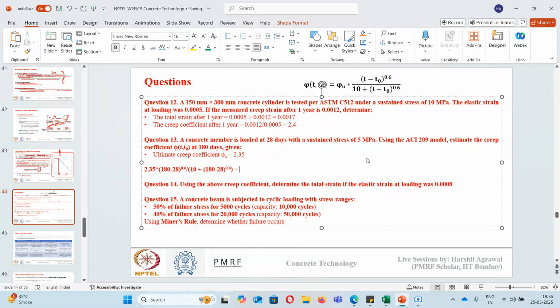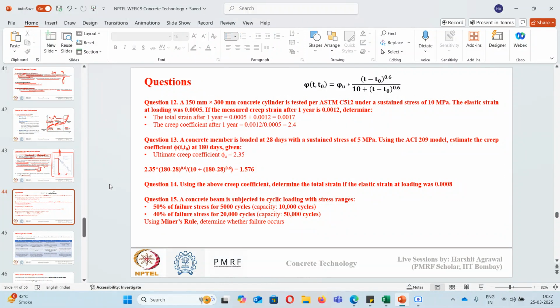This will give me an answer of 1.567. So this is my creep coefficient. I know the age at which the sample was loaded, this is t naught, and this is t, the age at which I want to determine the creep. The ultimate creep coefficient is already given to me.